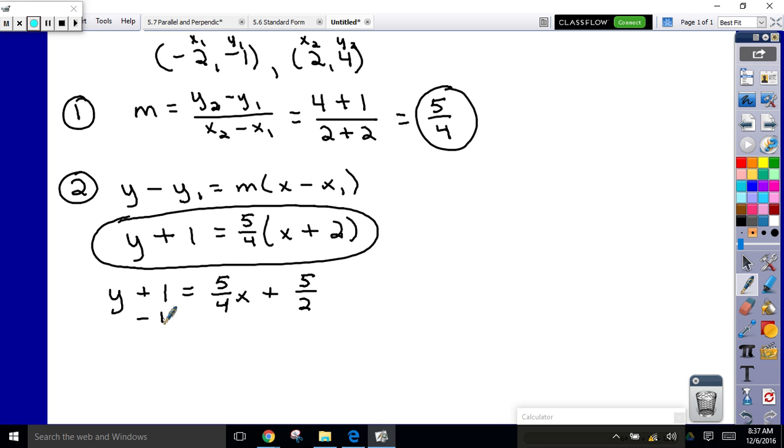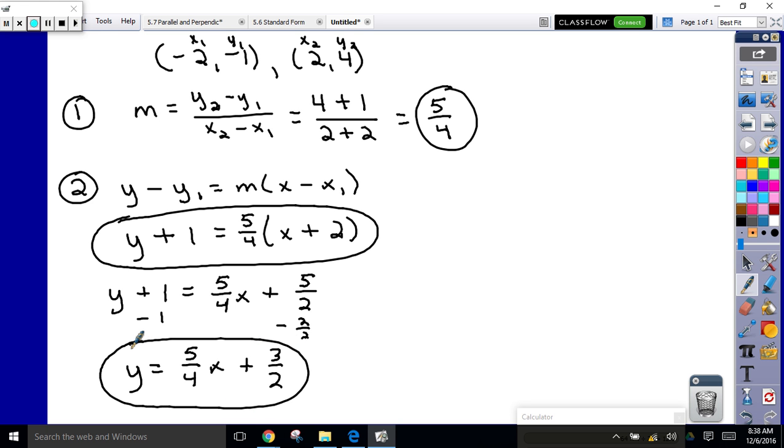When I subtract 1 from this side, I'm going to do it in the form of 2/2, which will make it easier to subtract from my fraction. So I have y equals 5/4 x plus 3/2. Okay, and that is my equation in slope intercept form. So that was my third step.